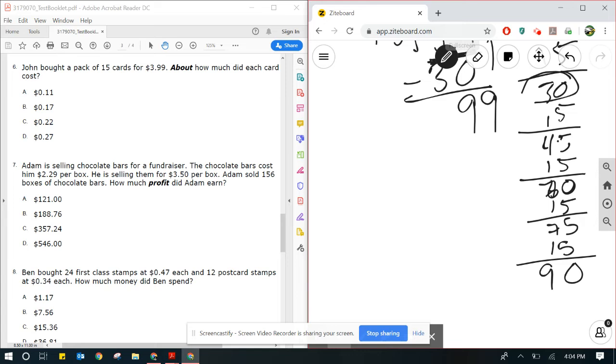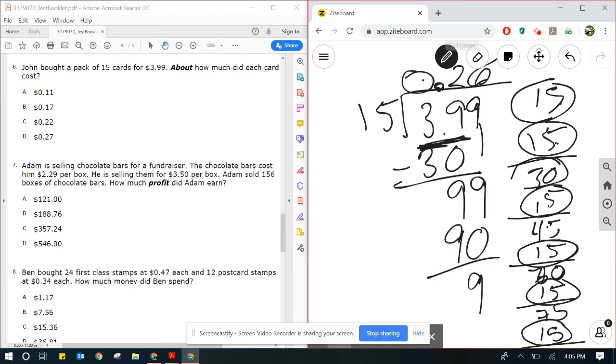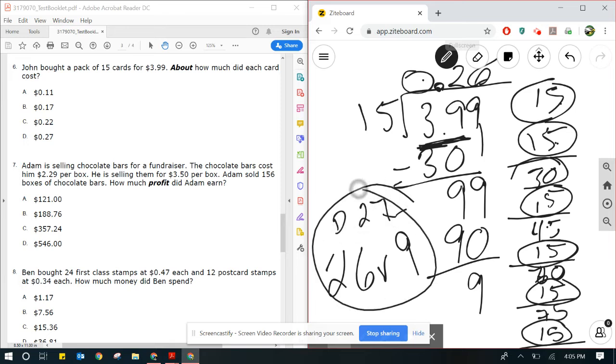So now I look over here, and that is 1, 2, 3, 4, 5, 6. So I'm going to put a 6 up here, and that's going to be 90 with a remainder of 9. So my answer is 26 with a remainder of 9, and that's closest to D, 27. So the answer is D, 27, because this was my closest answer, and it says about.